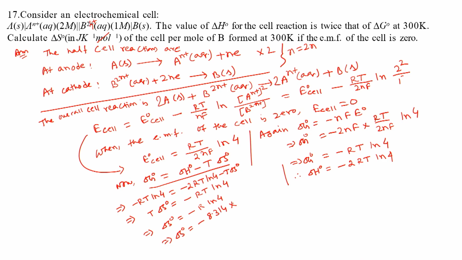The value of ln 4 is 1.386. Okay, so we get delta S naught is minus 11.525 joules per Kelvin per mole, but since it says per mole, we can omit this per mole, so we can write delta S naught is minus 11.525 joules.